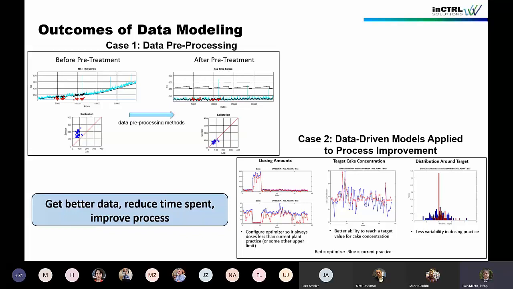We're going to show you some results on these two cases, basically how you can do some practical data cleaning and data conditioning based on some time series modeling. That's in case one, and then how you can use data-driven modeling as a means for process improvement. In this case, sludge dewatering.